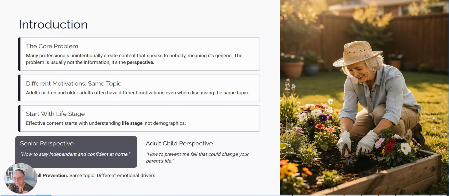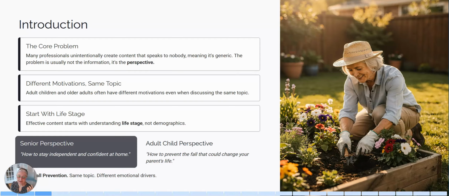So the perspective of that problem is going to be different from both. The senior perspective can be, how to stay independent and confident at home. And the adult perspective is, well, how to prevent the fall that could change the parent's life.